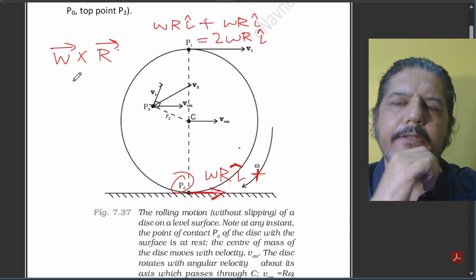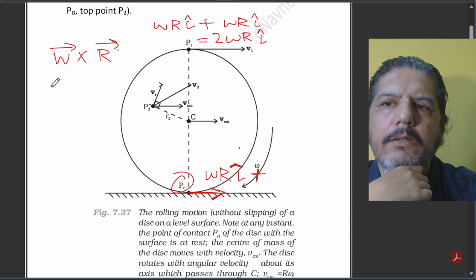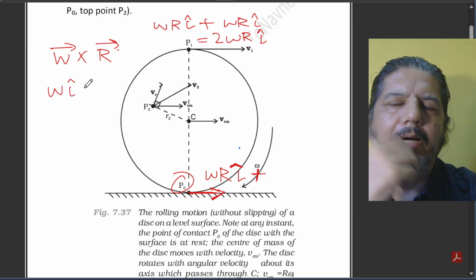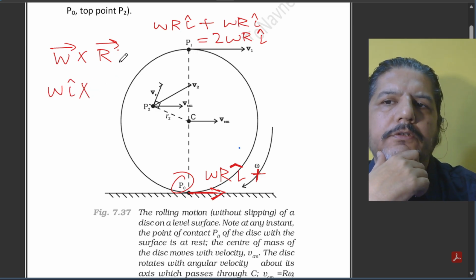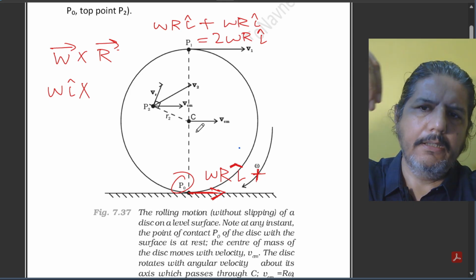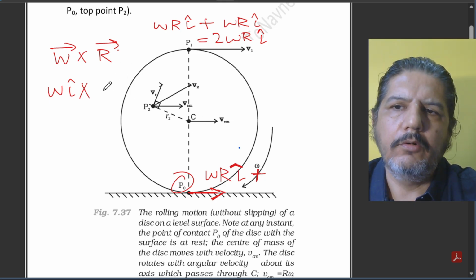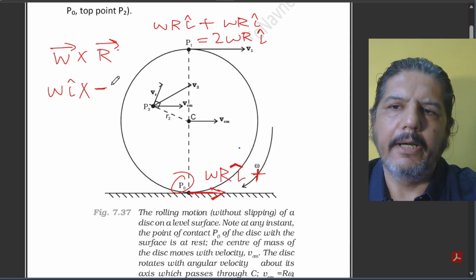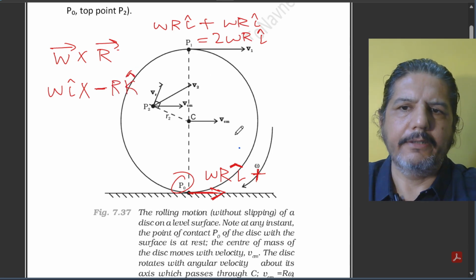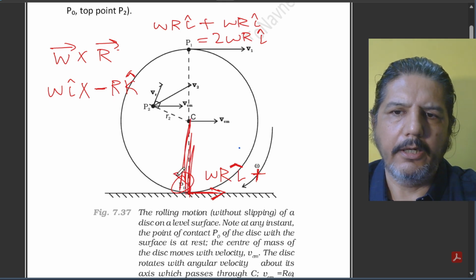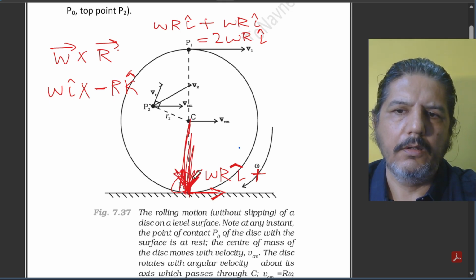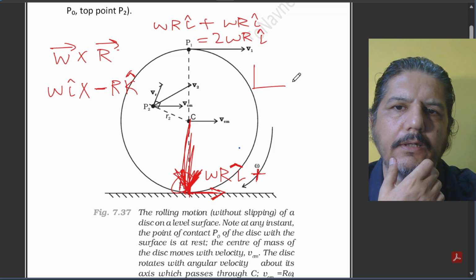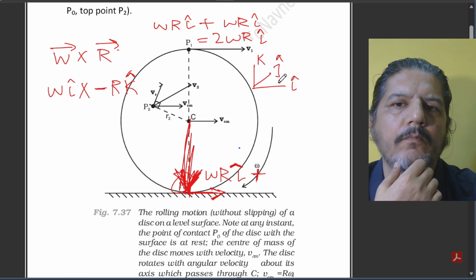But now what will happen is that omega is given by omega j cap, cross r, which is in the downward direction. So this is equal to minus r k cap. It's in the downward direction, no? Because my axis is like this: I, j, k.